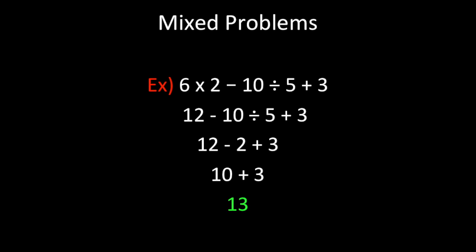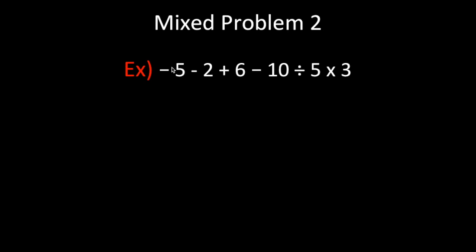Okay. Now let's look at another mixed problem. We have minus 5 minus 2 plus 6 minus 10 divided by 5 times 3. As we can see, this problem involves all the operation signs.